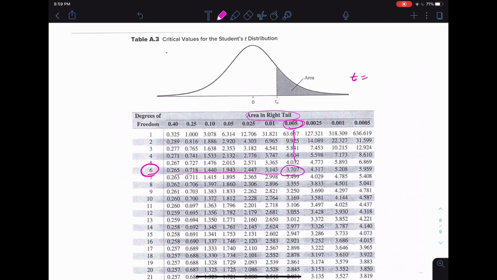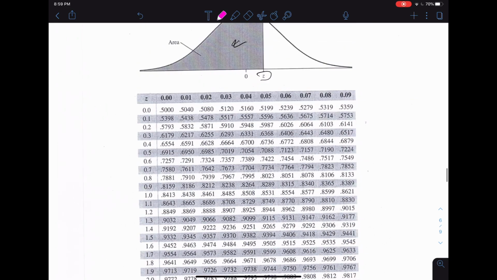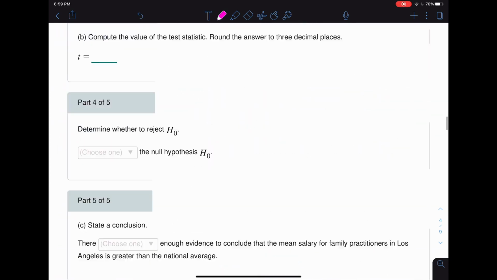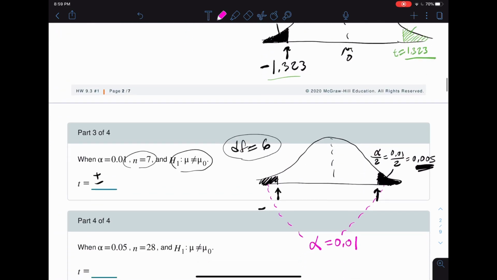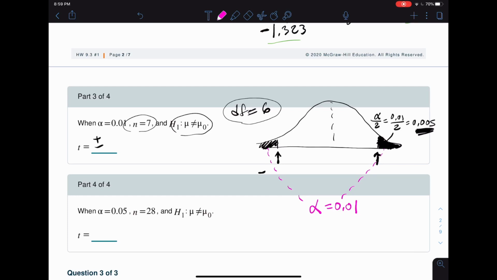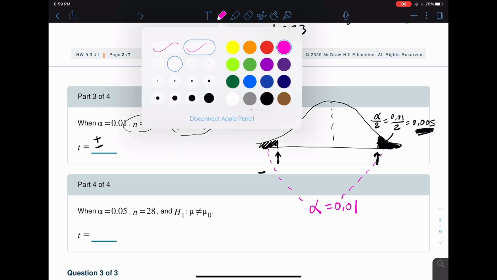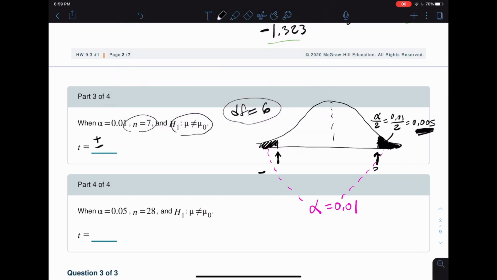So we're talking about a t-value of 3.707. This t-value right here is 3.707, and this is negative 3.707. So there we go, plus or minus 3.707.